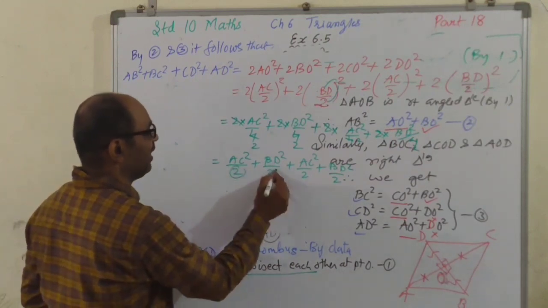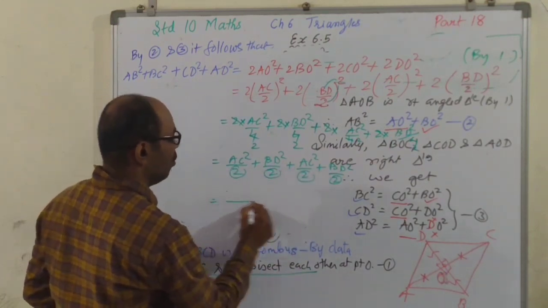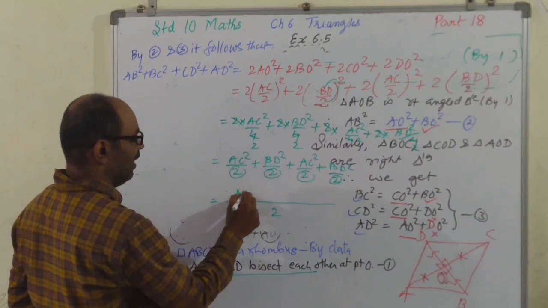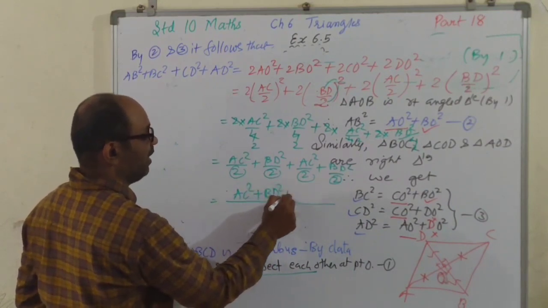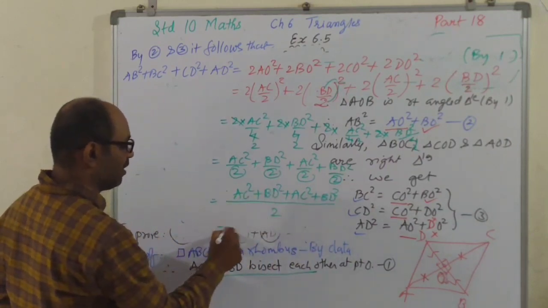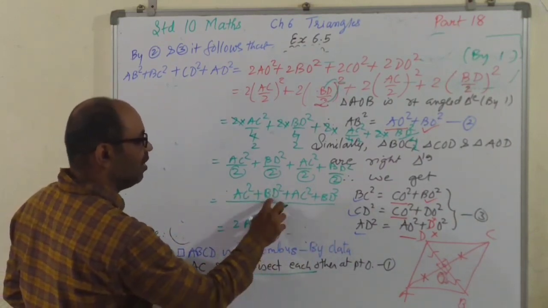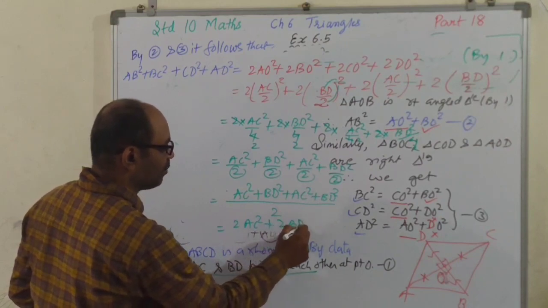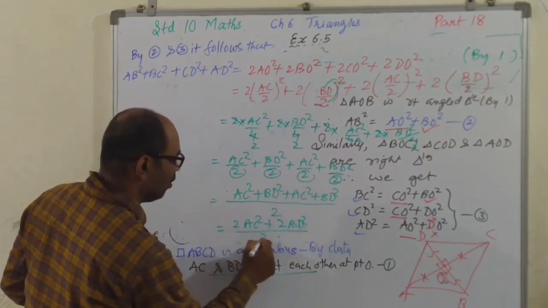We are lucky, like denominators. So whole upon 2, you may write directly AC square plus BD square plus AC square plus BD square. AC square plus AC square is 2 times AC square. BD square plus BD square is 2 times BD square. And whole upon 2.